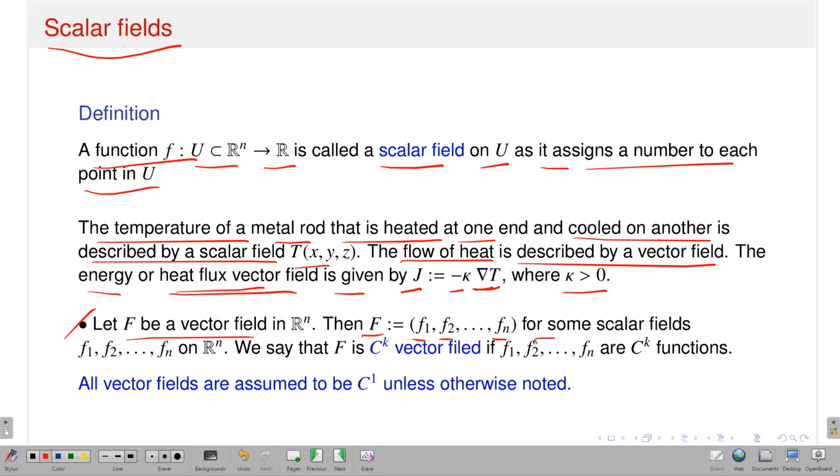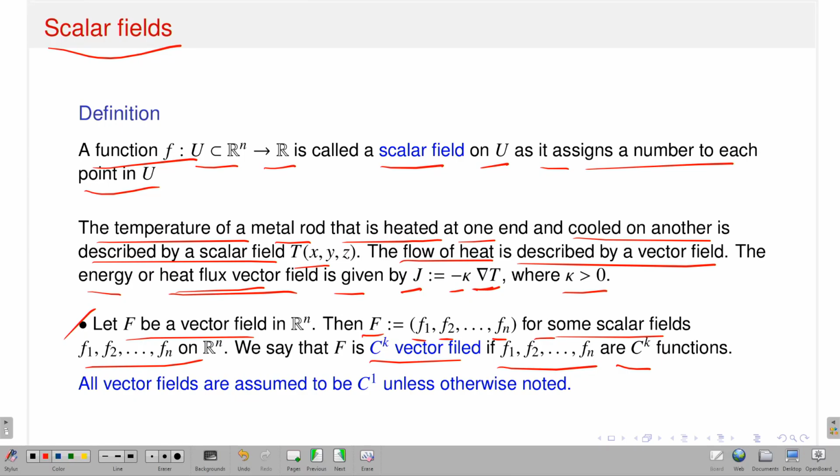I will say that capital F is a Ck vector field, that means k times continuously differentiable, if the corresponding scalar fields f1, f2, up to fn are Ck functions, that means these functions are k times continuously differentiable.